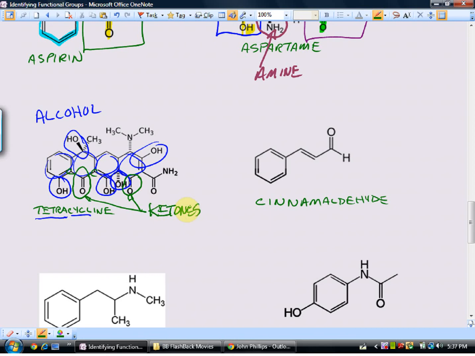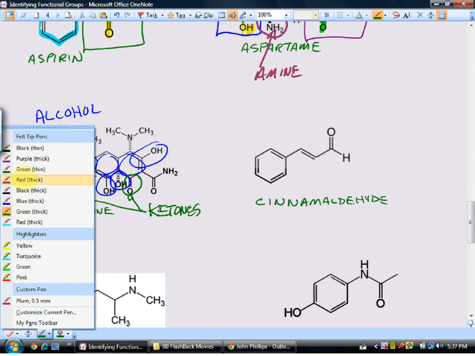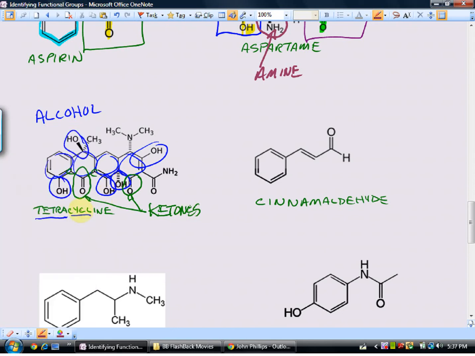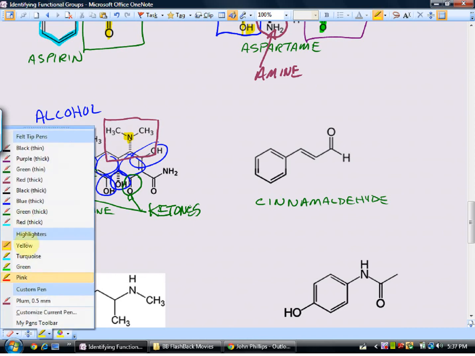All right, continuing on, what else do you see? This is our most complicated example yet. I see a nitrogen here connected to 3 carbons. So there's a tertiary amine. We can just call it amine, but I like to show off a little bit.